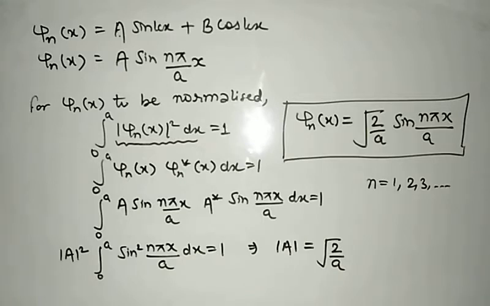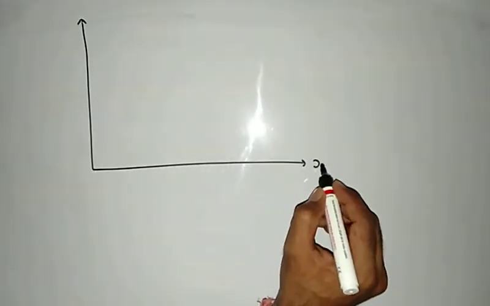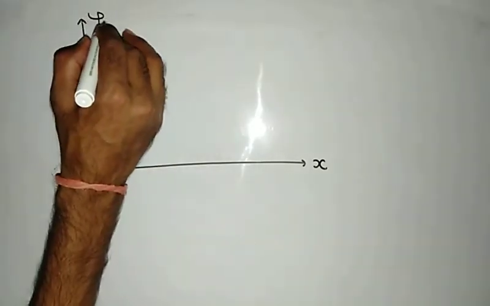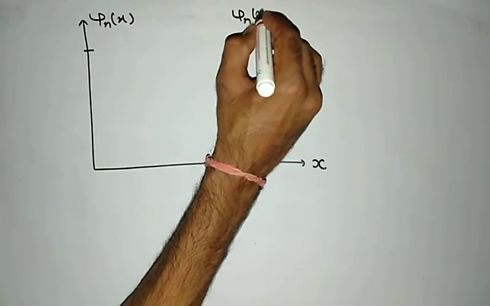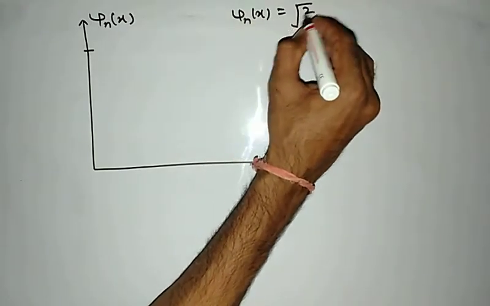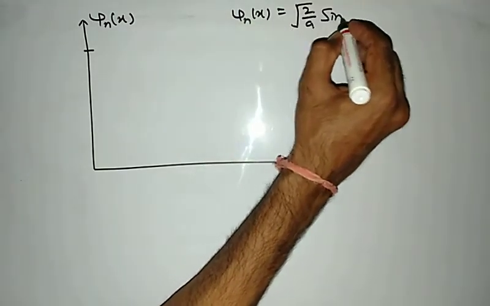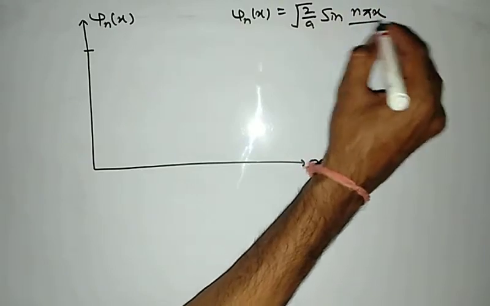Now let us deal with some discussions. We can plot a graph for x and psi(x), since psi(x) is equal to under root 2 by a sin(n pi x by a).